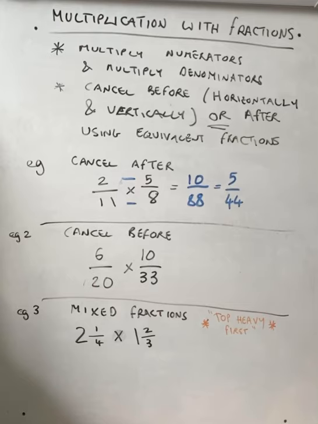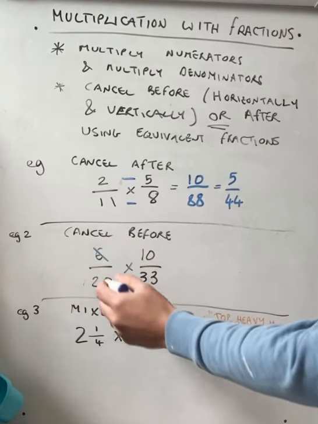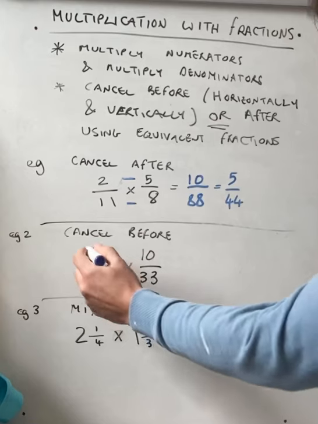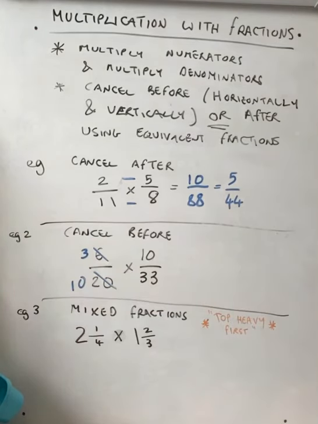Now, if you want to cancel down before, because sometimes you can get some really big numbers and it takes you a while to cancel down, it makes more sense to cancel down before you actually do the calculations. So if you look at this example here, we can cancel down first of all vertically, just like you could with an equivalent fraction. So that would be 3 and 10. And we can also cancel down diagonally, okay?